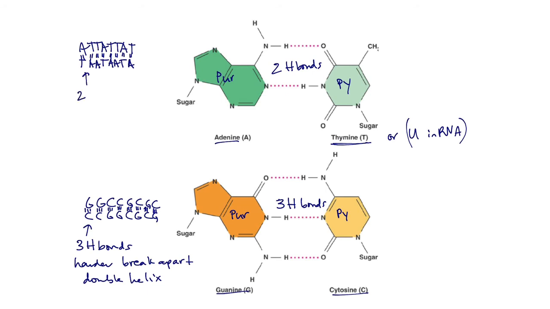And here, 2 hydrogen bonds in the A and T pairing means it's a little easier to denature the double helix. A little bit less energy is required to denature that stretch, forming 2 single-stranded pieces of DNA.